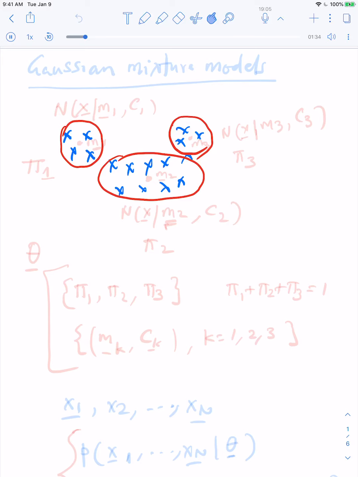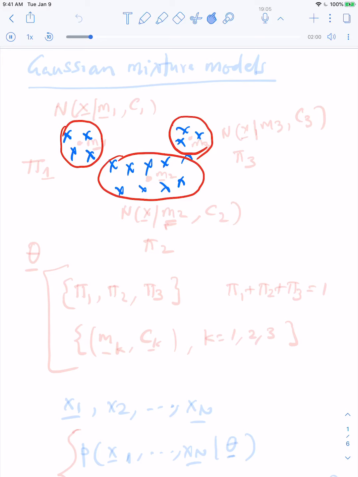So it seems plausible that a mixture of three Gaussians could explain this data, that it could be the source of the data. Of course, you can see that the number of points is different for these three clusters.